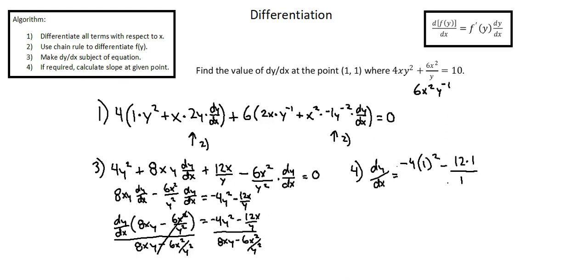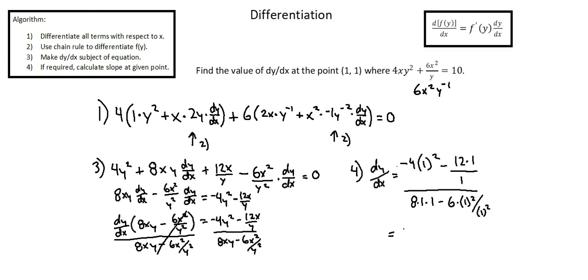So in the numerator, I've replaced all x's with 1 and all y's with 1, divided by 8 times 1 times 1 minus 6 times 1 squared divided by 1 squared. Again, in the denominator, replacing all x's with 1 and all y's with 1.